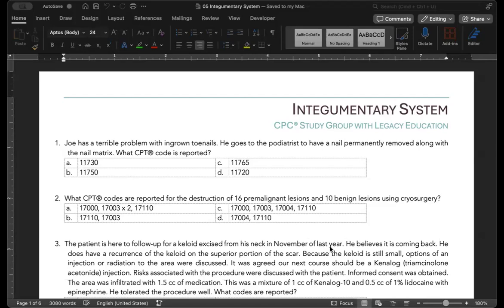So our procedure that we are doing would be what? The removal. Yep. So we'll go to removal and then nail.